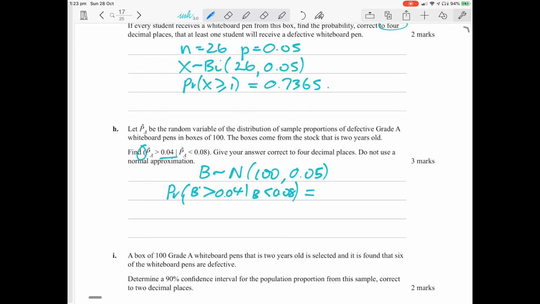Okay, so let's change it from proportions to X values.